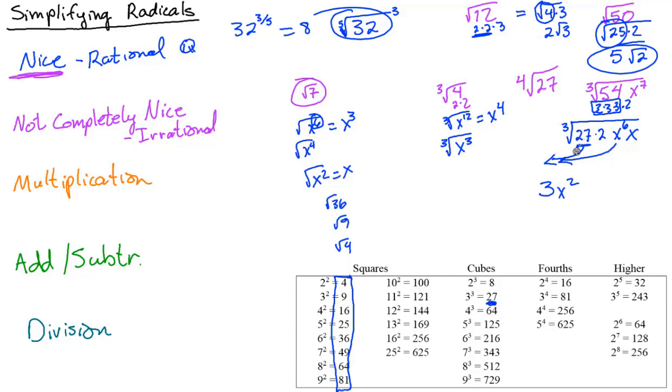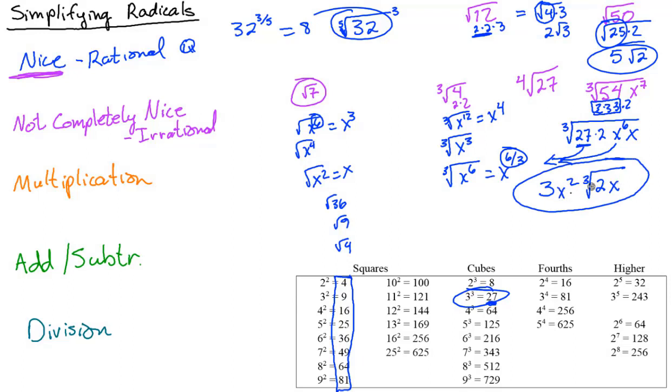So cube root of 27 is 3, and we see that right here. Cube root of x to the 6th, in slow motion, that would be x to the 6th thirds power, which is x squared. Comes out exactly nice. And then these guys are stuck in there, the 2 and the x. So the 2 has to stay in and the x has to stay in. This right here is as simplified as it can be.